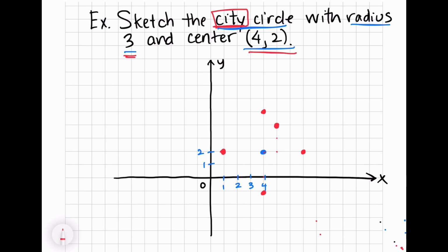Again, I can go down here, 1, 2, 3, and this is on my city circle. And then if I go out 1, 2, 3, this point is on the city circle. You can sort of see now the shape, how I form the city circle. The following 12 points make up my city circle.